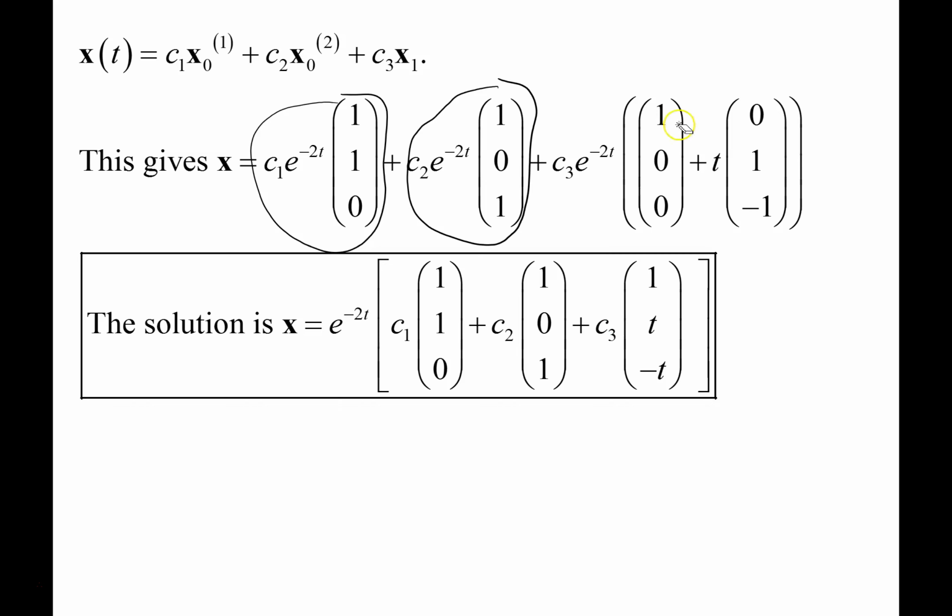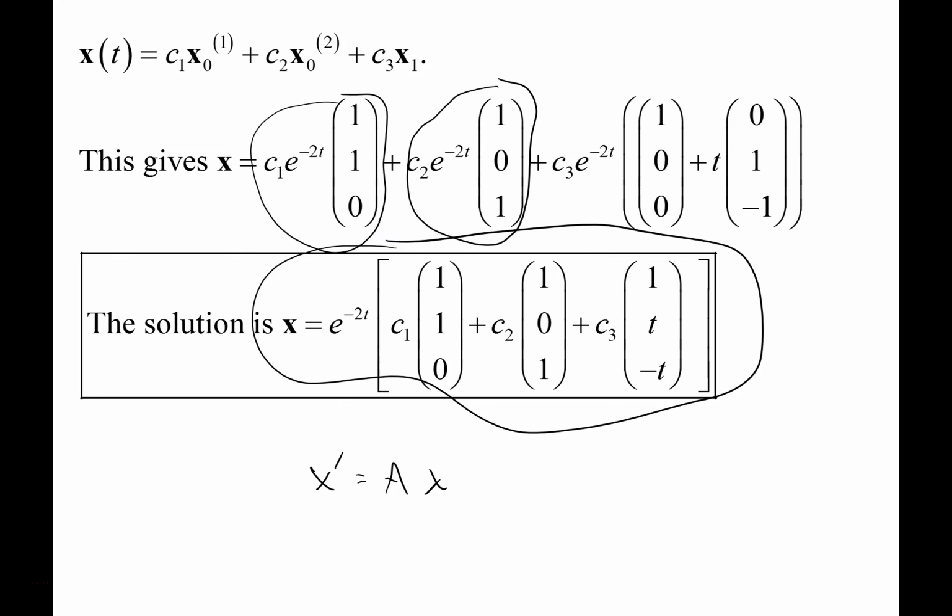And when it comes to c3, we put these two together and get the vector with t's in it, where we have 1, t, and negative t. So this is our solution to that equation, x prime equals Ax with that given A, and here's the full solution. Okay, great.